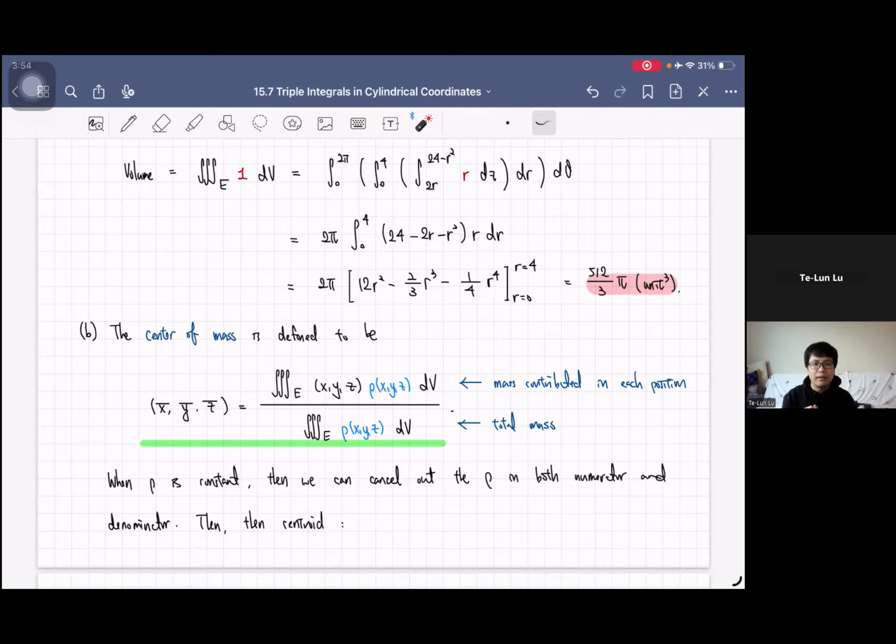Okay, and to evaluate that center of mass, there's a very nice formula. Let us first introduce the formula, and I will go through the meaning of it.